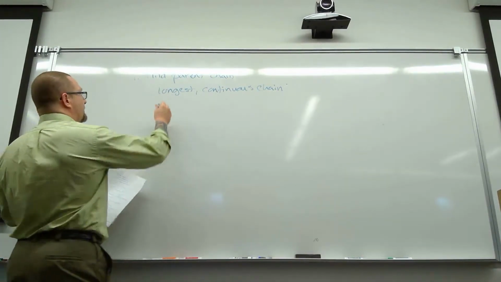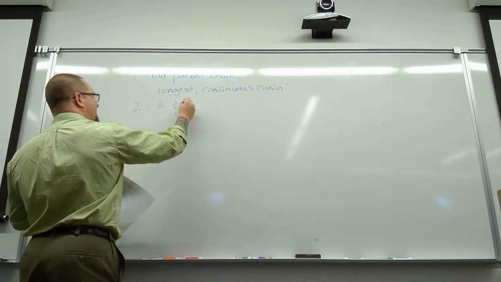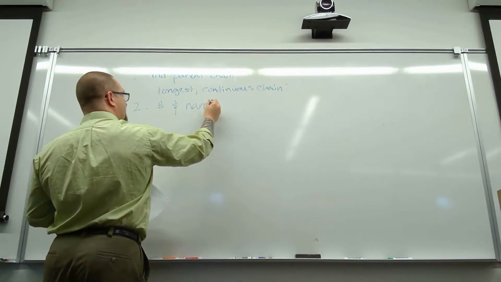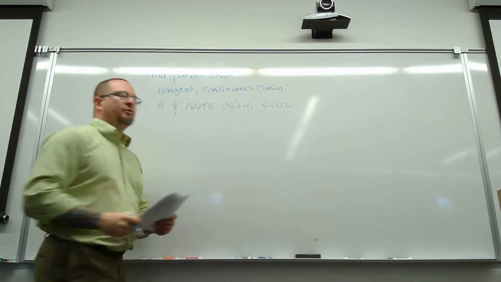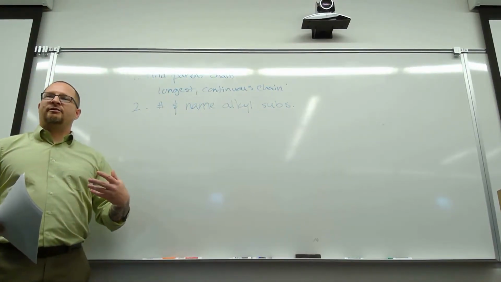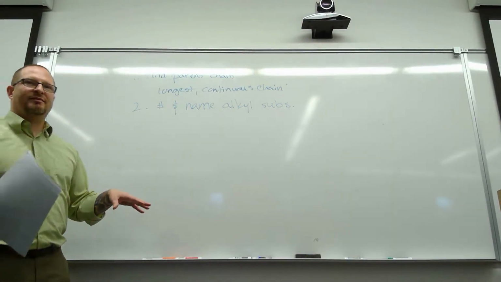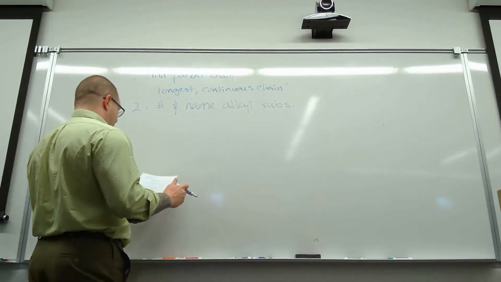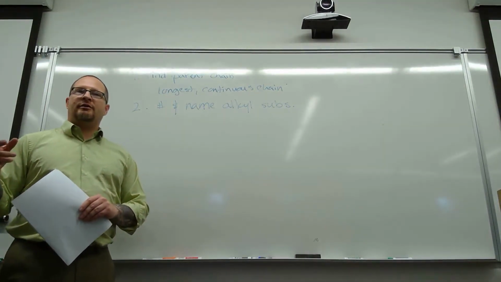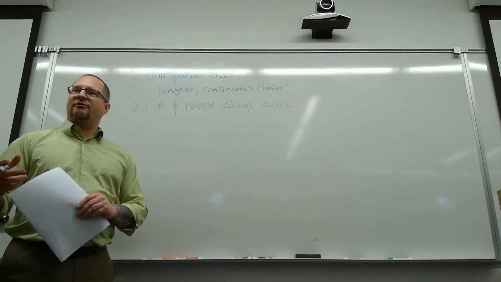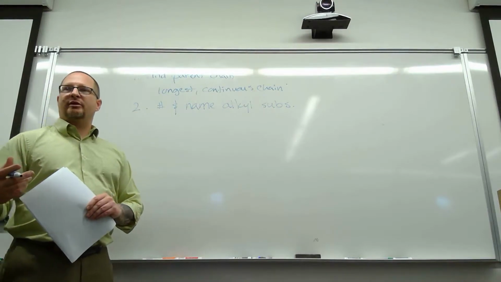Okay, so that's 1. 2, number and name alkyl substituents. For these examples, until we start adding other functional groups for substituents, we're going to stick with all alkyl groups because it's the easiest place to start. Alkyl substituents, we've already kind of discussed it. It's when another alkane is used to modify the parent chain, but it's small enough and placed in a way where it's not changing the identity of the parent chain.